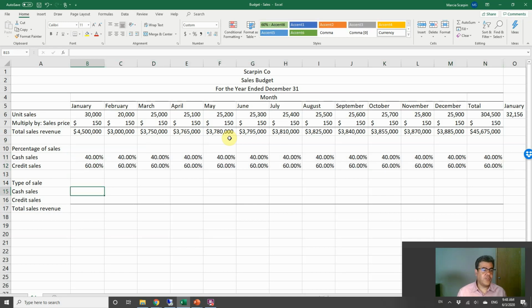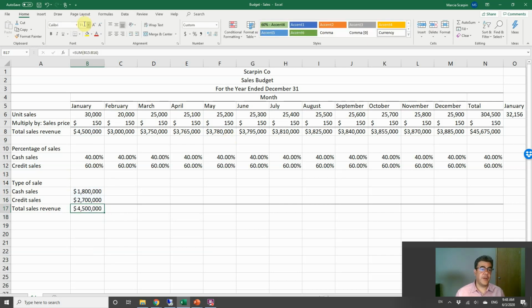And now, the type of sales in cash and credit. So we will split these total revenues into total cash sales revenue and total credit sales revenue. So total cash sales is 4.5 times 40%, credit sales is 4.5 times 60%, and total sales revenue is the sum of our revenues.